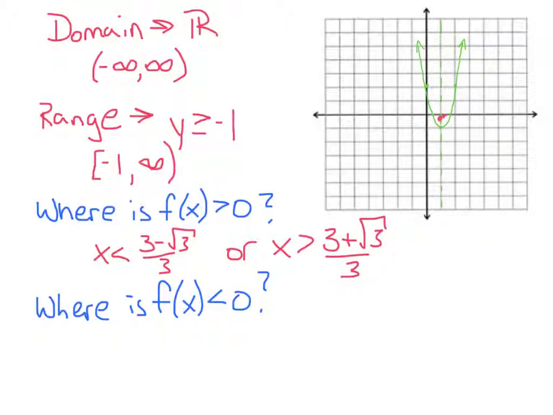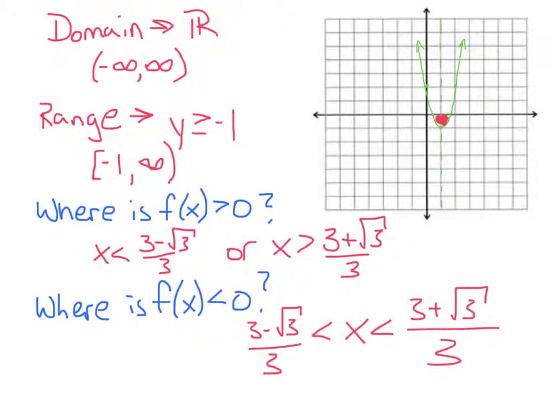Everything right in here. So where is the function negative? Well, when x is greater than (3 minus radical 3) over 3, and less than (3 plus radical 3) over 3.